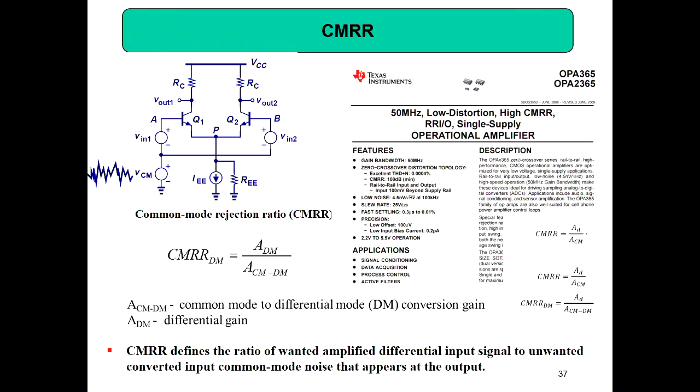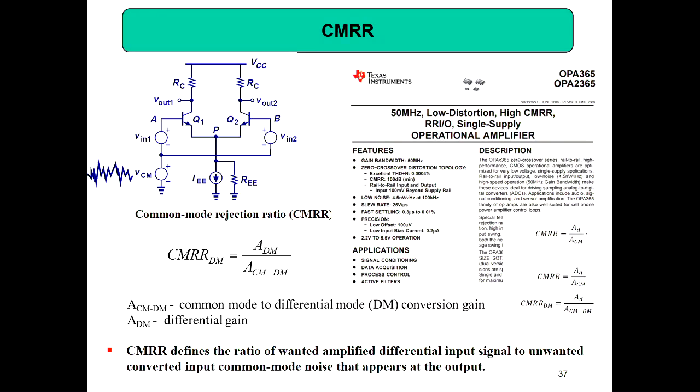But in your lab, why did we use only one set, without dividing by the VCM? In the lab we have two types of CMRR. One is simple CMRR, equal to AD by ACM.